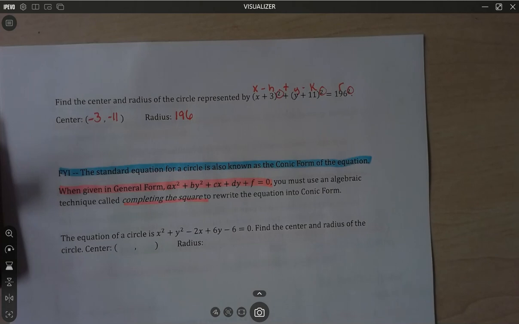And if you have the opportunity to graph in Desmos, Desmos will recognize your conic form and your general form and your standard form and any other form of the circle that you try to plug in. It will do that. But when you are not given access to it, which may happen, we need to know how to redo it.